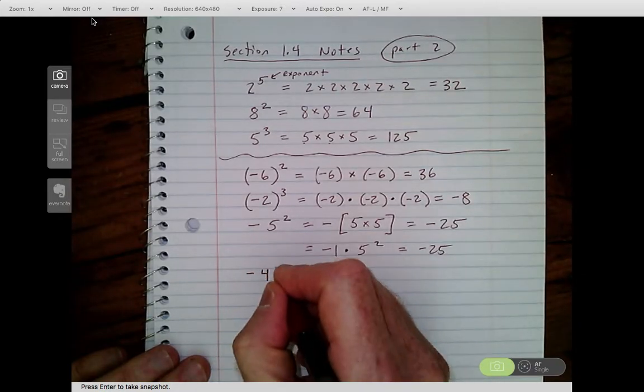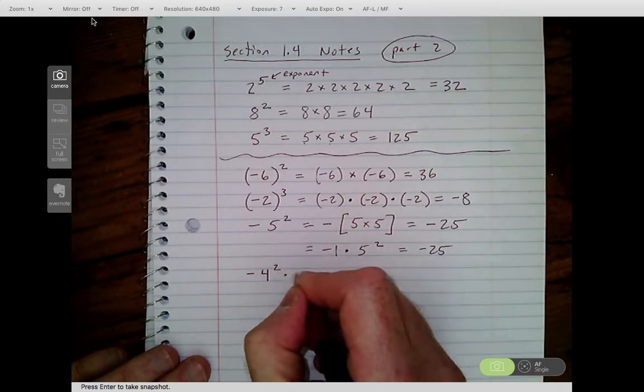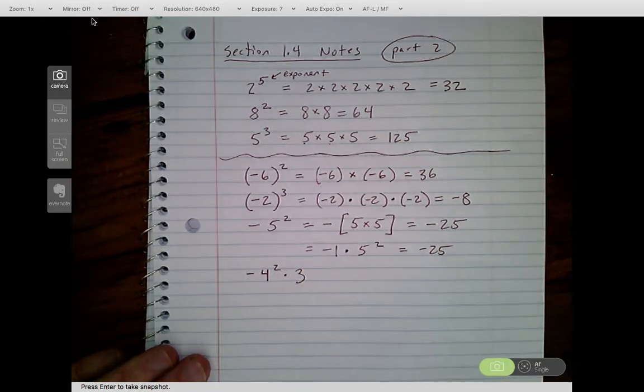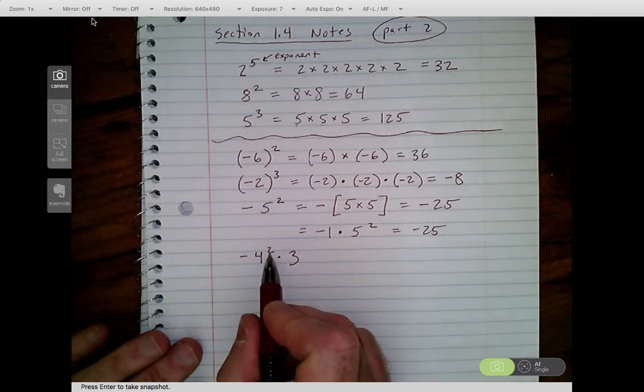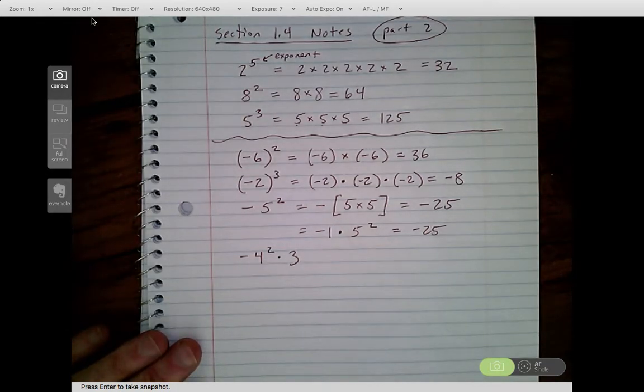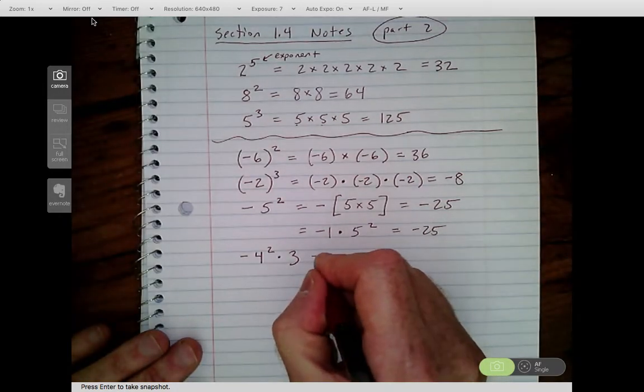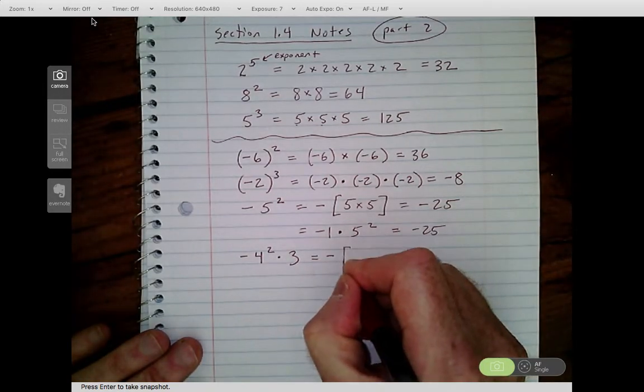Okay, so here's one more like that. So negative 4 squared times 3. Think for a second. Does the negative get squared also? And the answer is no, because it's not in parentheses. So I'm going to just write this out this way.